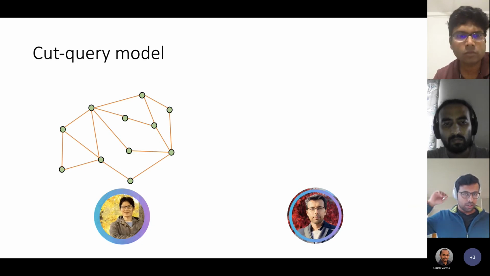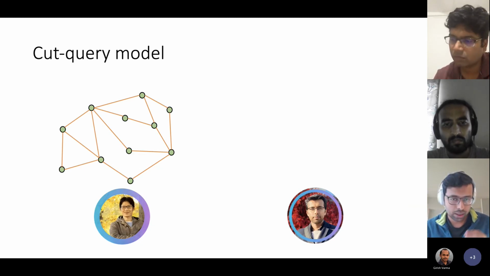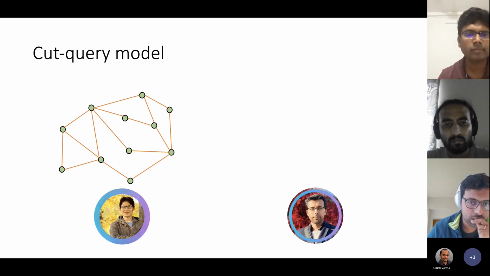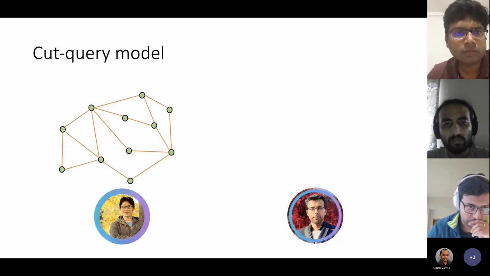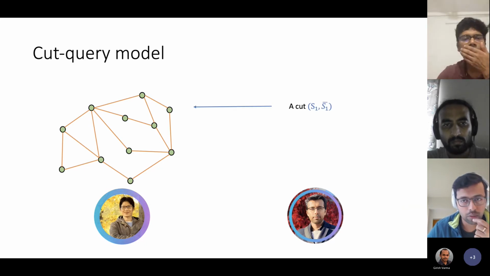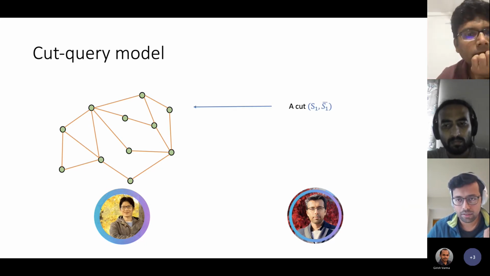So the cut query model is the following. There are two players, the querier and the oracle. On the left is the oracle and the querier is on the right, and the oracle has the full graph. The querier can ask the oracle for a cut value.